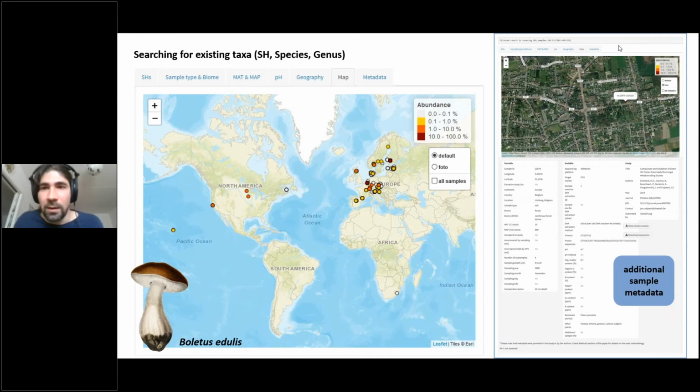And on the left part, if you click on an individual dot, the mark representing the sample, you can see more details about every sample. You can also download the sequences from the sample and investigate the study from which the sample originated.